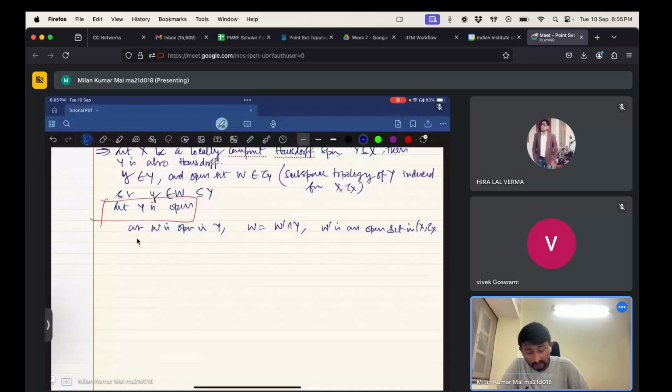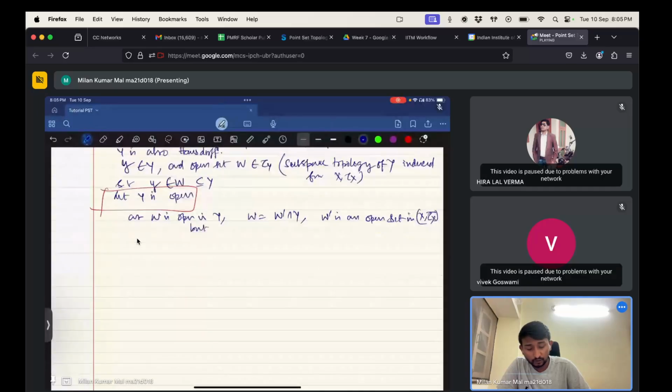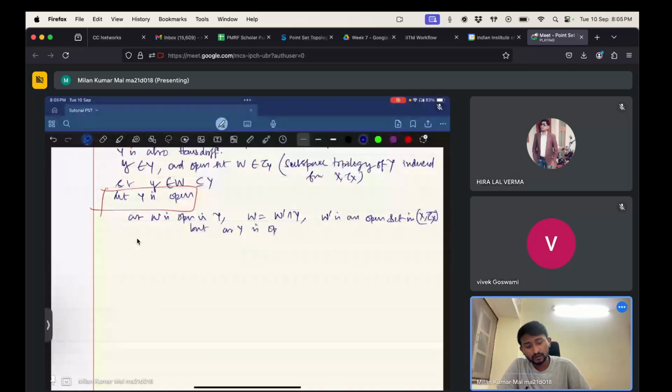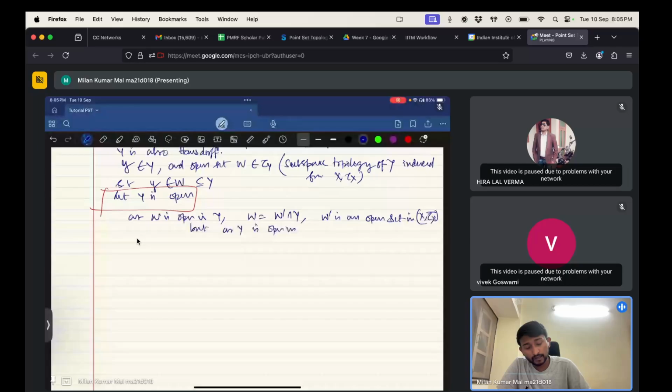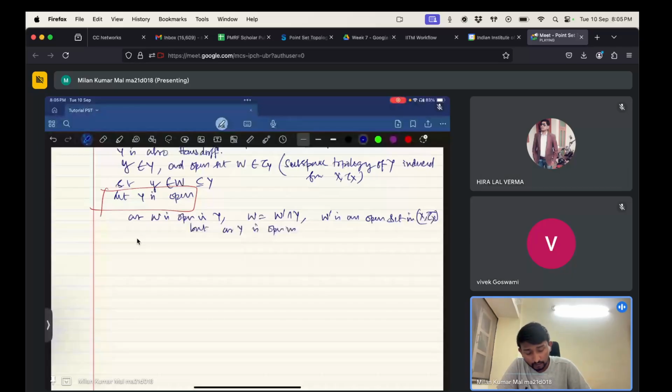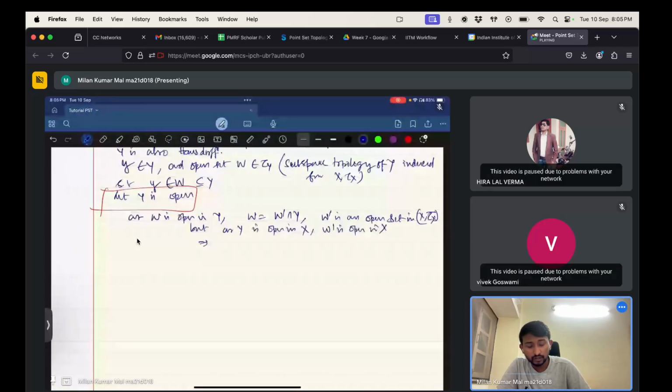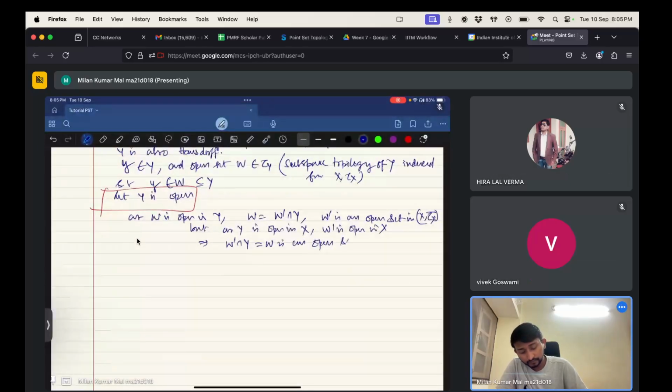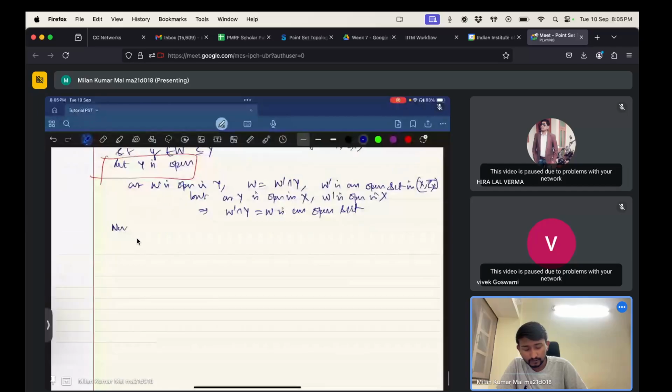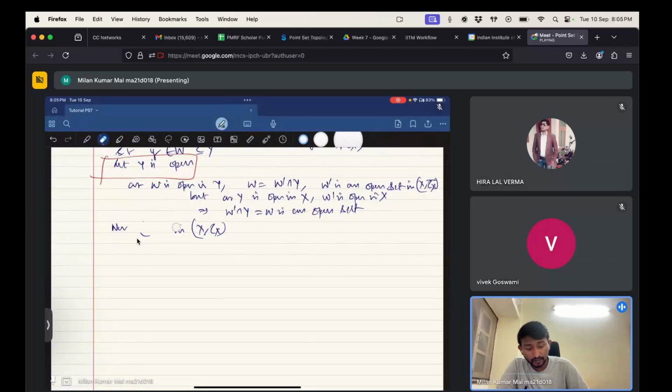But as Y is open in X and W dash is open in X, W dash intersection Y, which equals W, is an open set in X. Now consider the pair y, W in X, tau X.